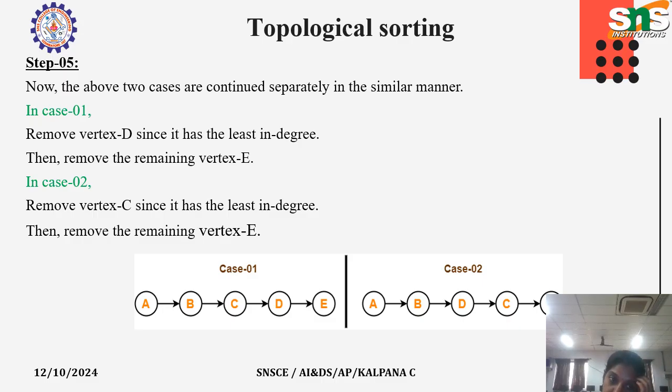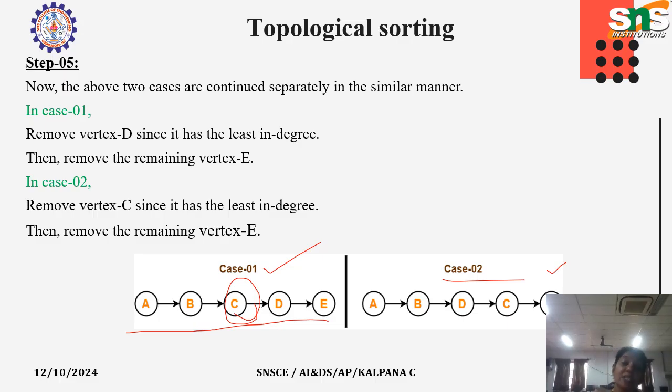Next, in the same way, if I remove everything having 0 in degree, finally I will get A, B, C, D and E if I choose C first, or else in case 2, A, B, D, C and E. So this is also a correct topological ordering. Both are correct.